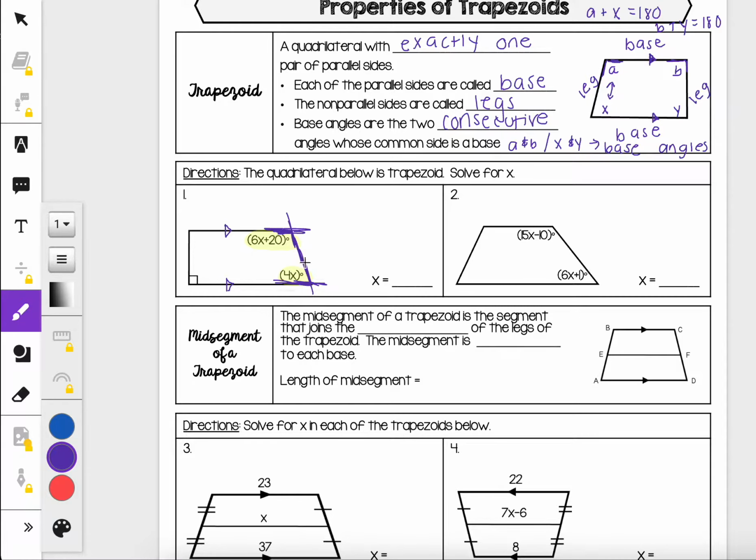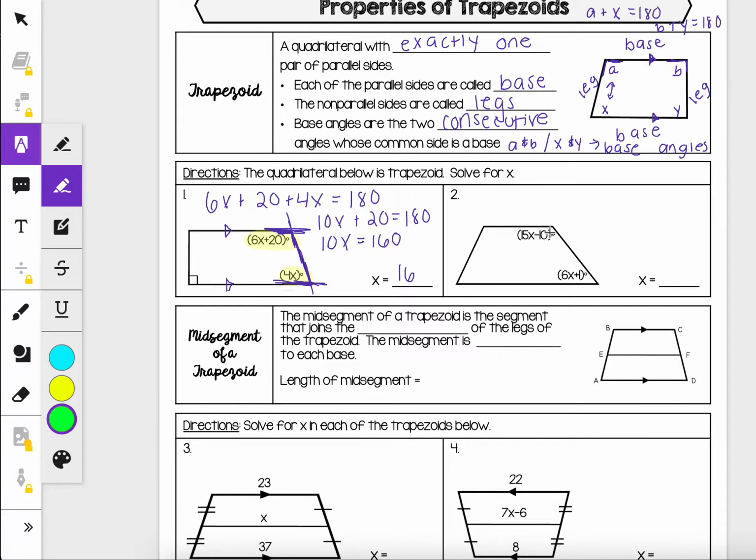So if I wanted to solve for X here, I can set 6x plus 20 plus 4x equal to 180. I'm going to combine like terms and I get 10x equals 160, so x equals 16. Okay, same idea for number 2 here. So again, I have this pair of two angles. They are non-base angles, right?